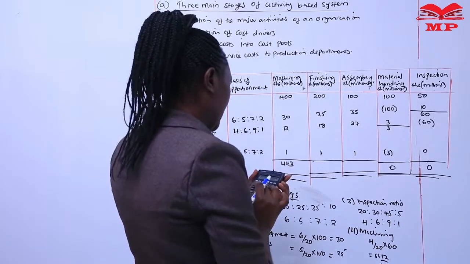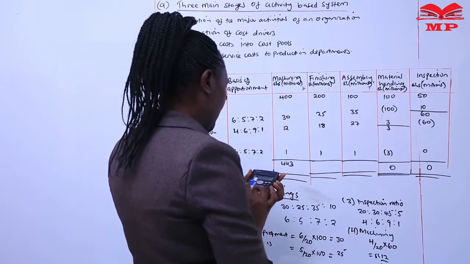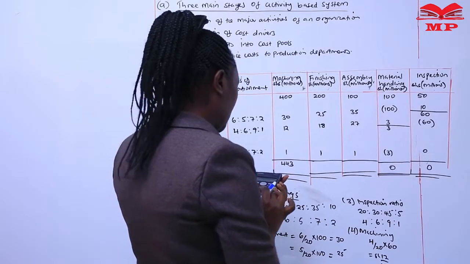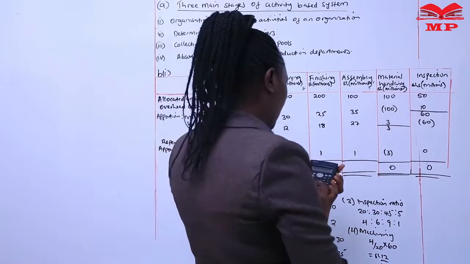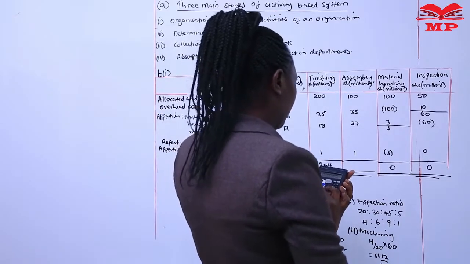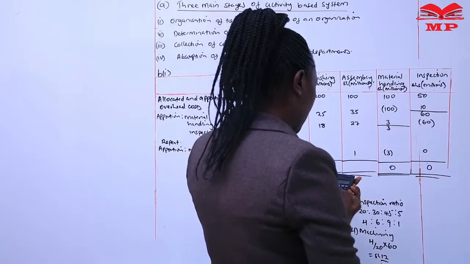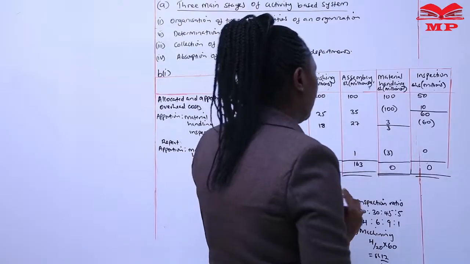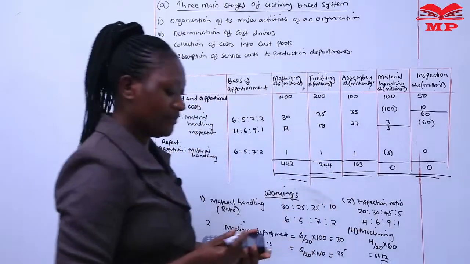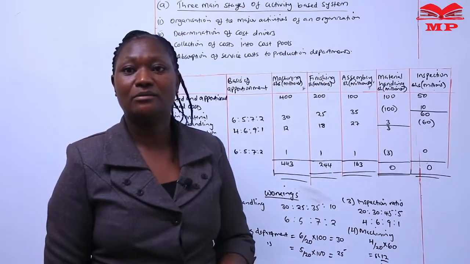Then we have 200 for finishing plus 25 plus 18 plus 1, which will give us 244. Then 100 plus 35 plus 27 plus 1 equals 163. And then we'll be done with part 1 of that question.